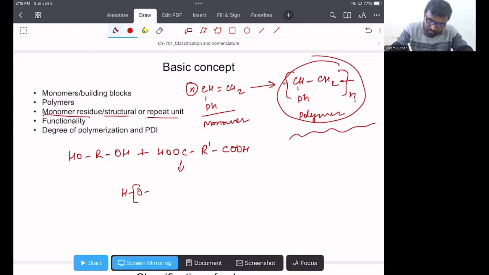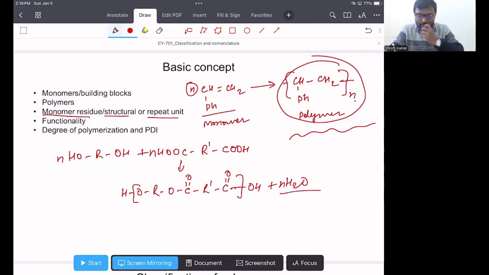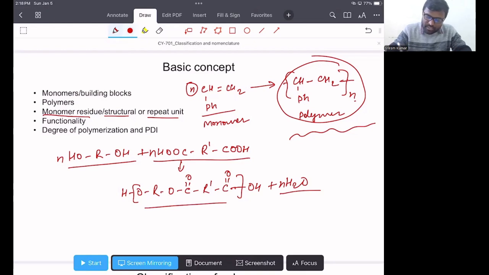We have the polymer with R, OC(=O), R', C(=O), OH, and we have H2O, with n number of molecules. This one is a monomer, this is also a monomer, this is the polymer chain, and this is the n number of molecules in that polymer.